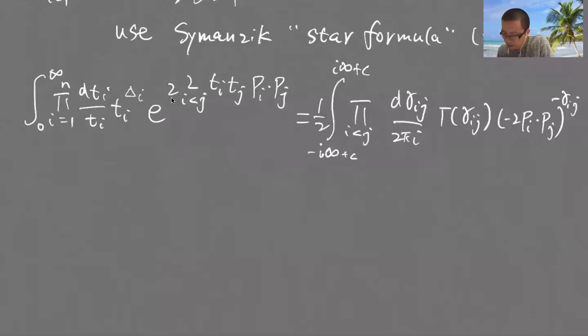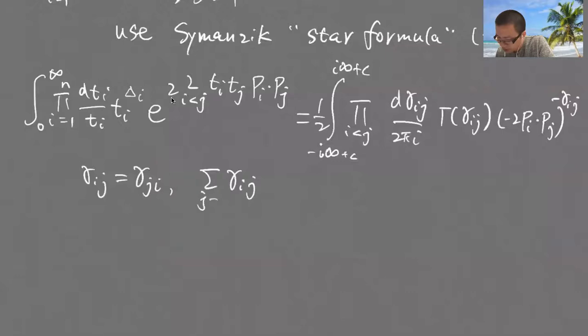That's because γ_ij has some constraints. γ_ij is symmetric, basically, so we only integrate over i smaller than j. Furthermore, it's constrained: the sum over γ_ij for j not equal to i equals Δ_i, where Δ_i is the conformal dimension. So use this identity, which, as I said, is an exercise.